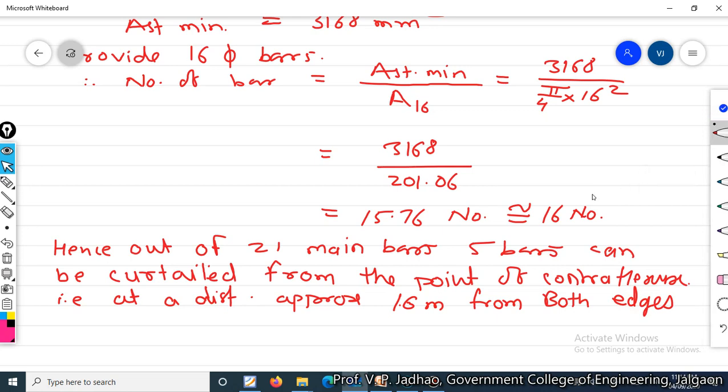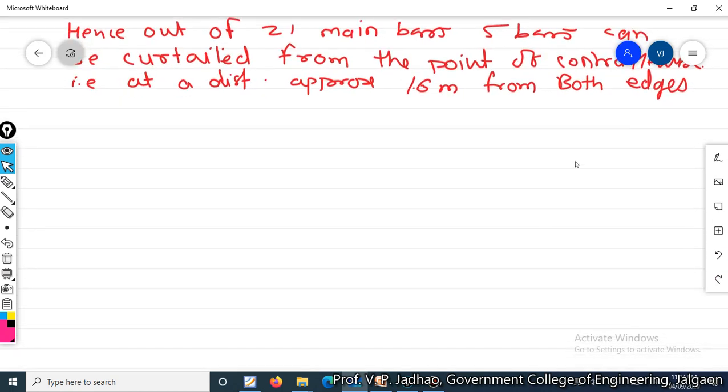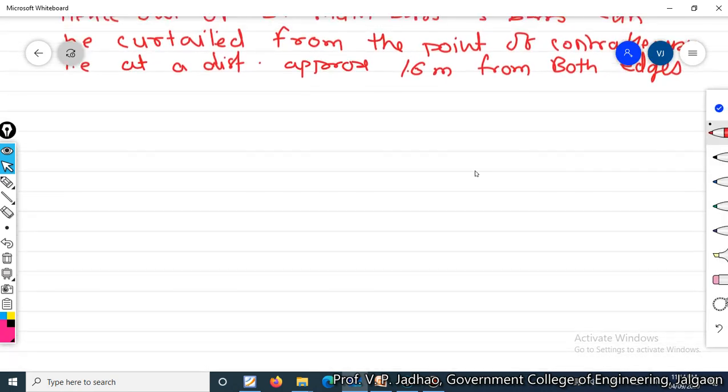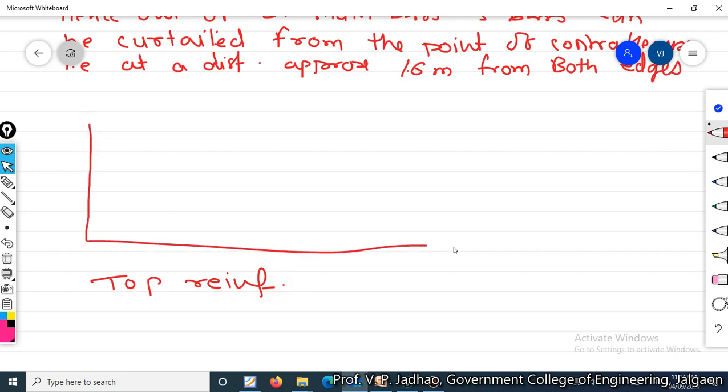So we'll be providing the top bars in this manner for top reinforcement along the longitudinal direction.